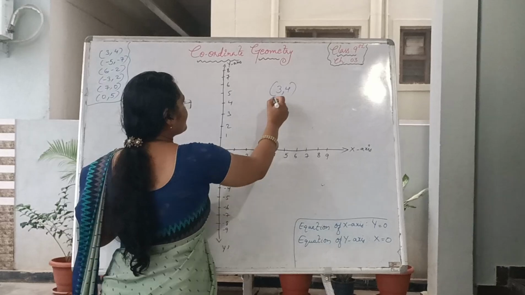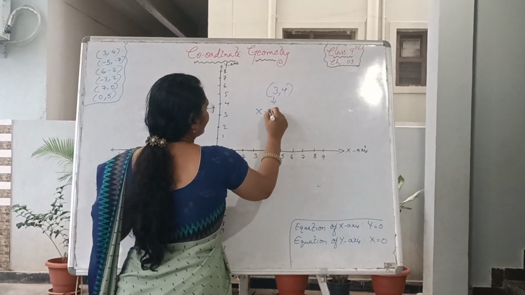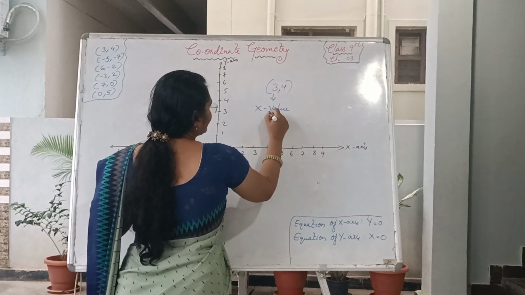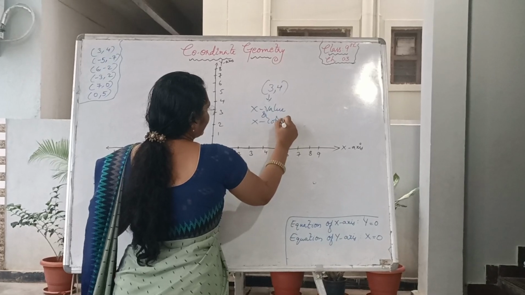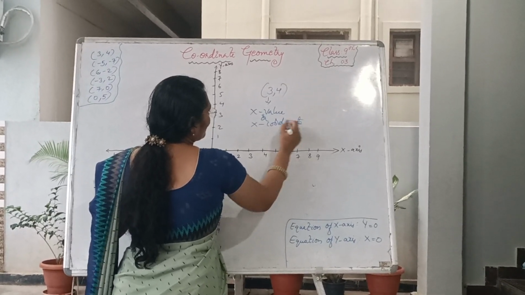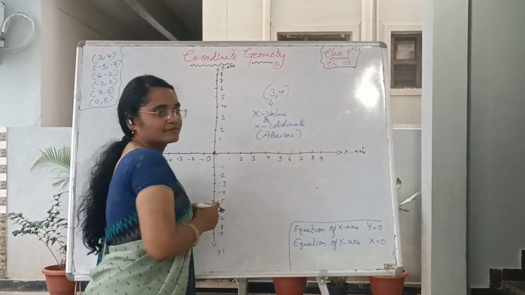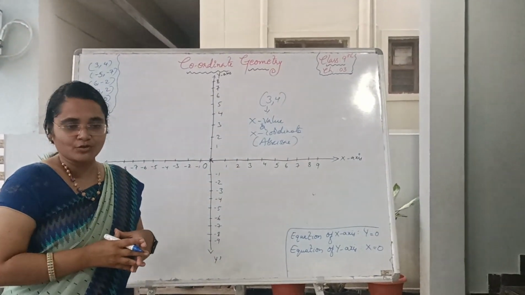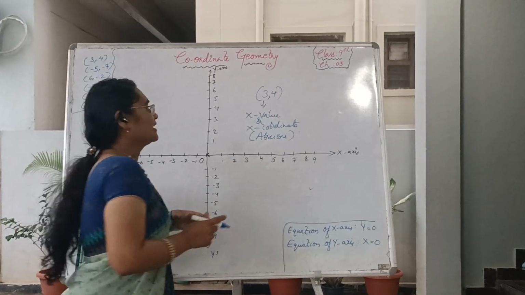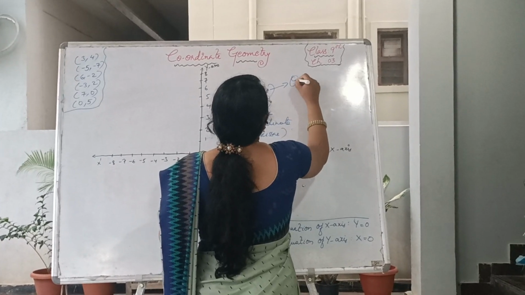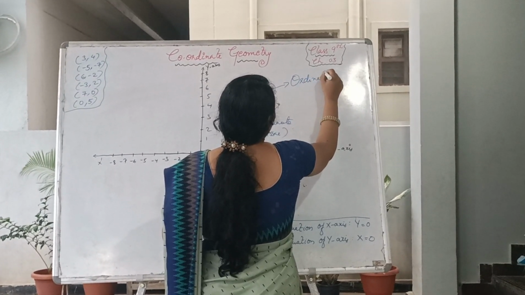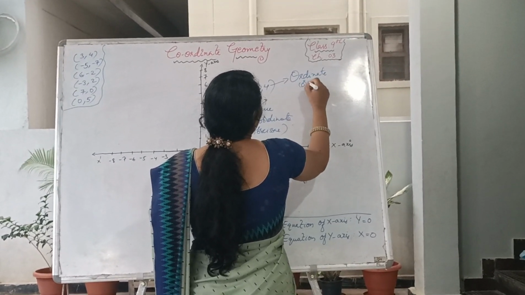So the first value 3 denotes the x value or x coordinate. Another name for the x coordinate is abscissa. The second value we denote as the ordinate, or y coordinate.